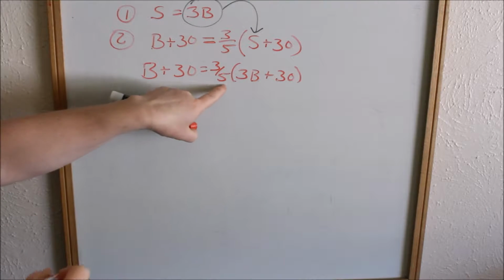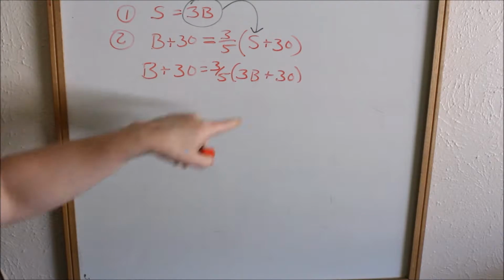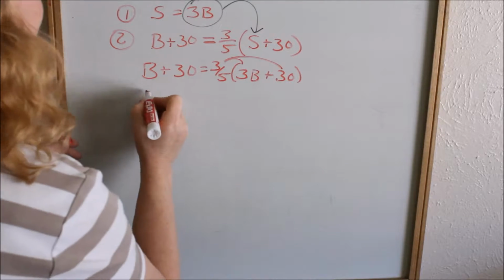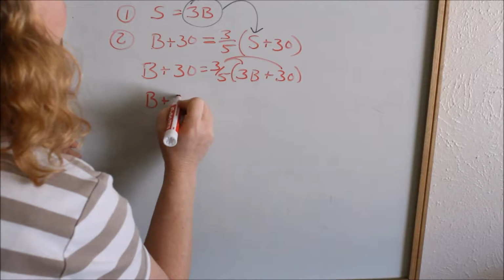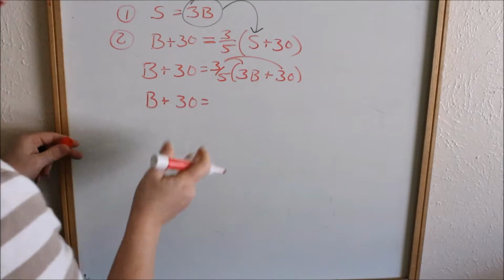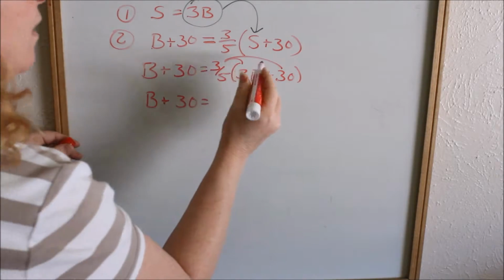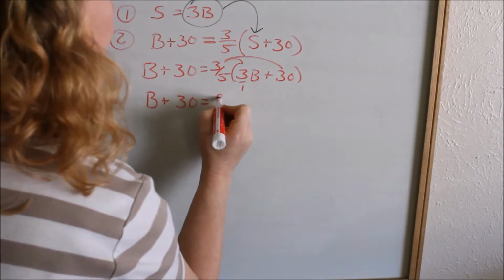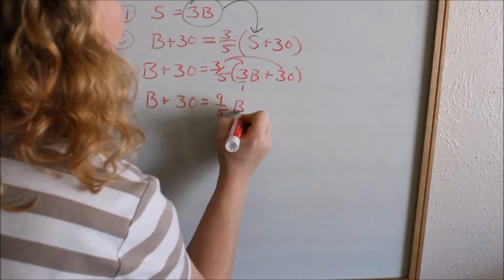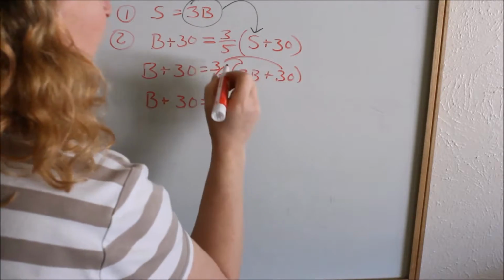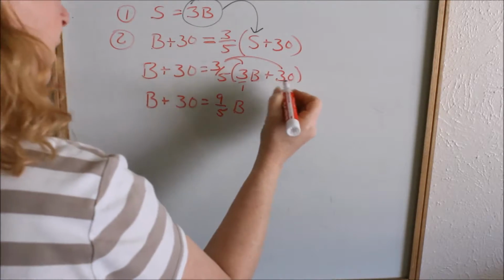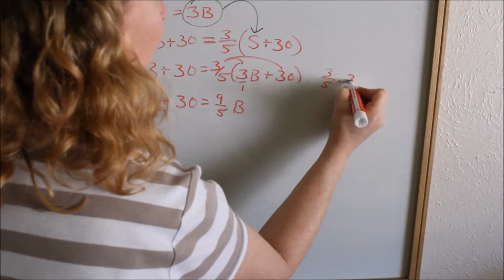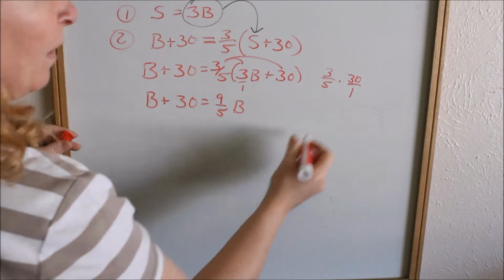Okay, I would distribute this 3/5. I would distribute that so I don't have any parentheses, because then the idea is I need to get B's on one side, numbers on the other side. This is like 3/1. 3/5 times 3/1 will be 9/5 B. This would be like saying 3/5 times 30/1.